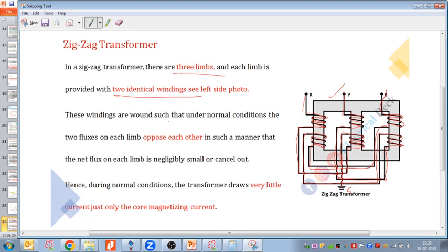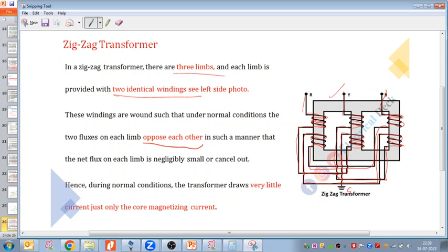These windings are wound such that under normal conditions, when the system is balanced, two fluxes on each limb oppose each other in such a manner that the net flux on each limb is negligible or cancels out.